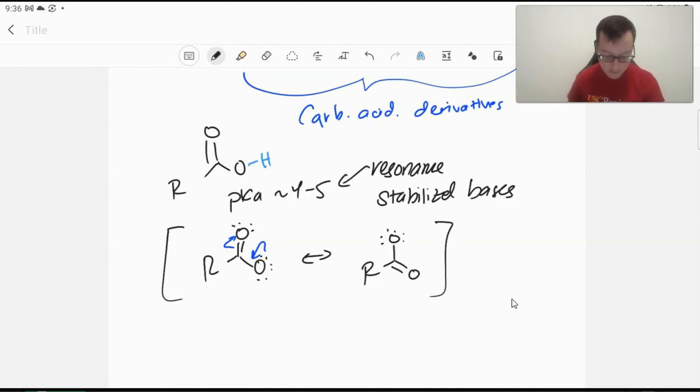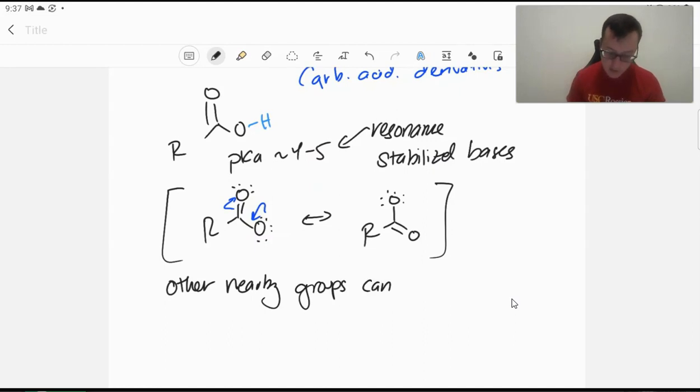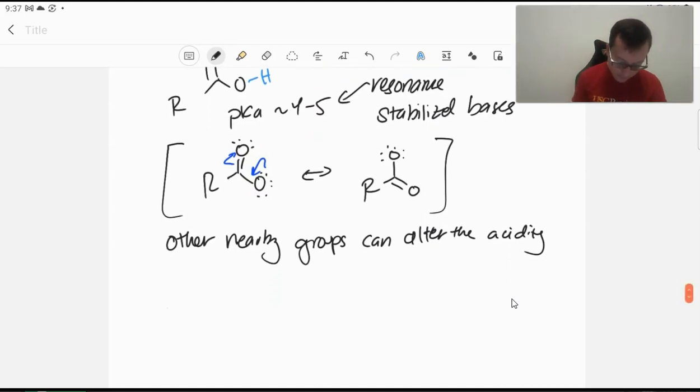And typically we're going to see that other nearby groups can alter the acidity. So for example, let's say we've got chloroacetic acid. This one's got a pKa of like 2.9 or so, if I remember correctly.